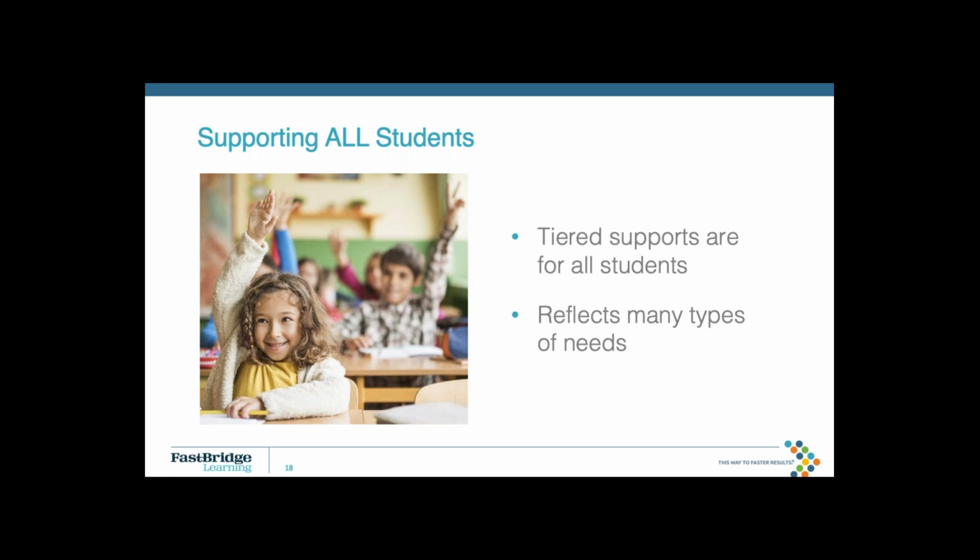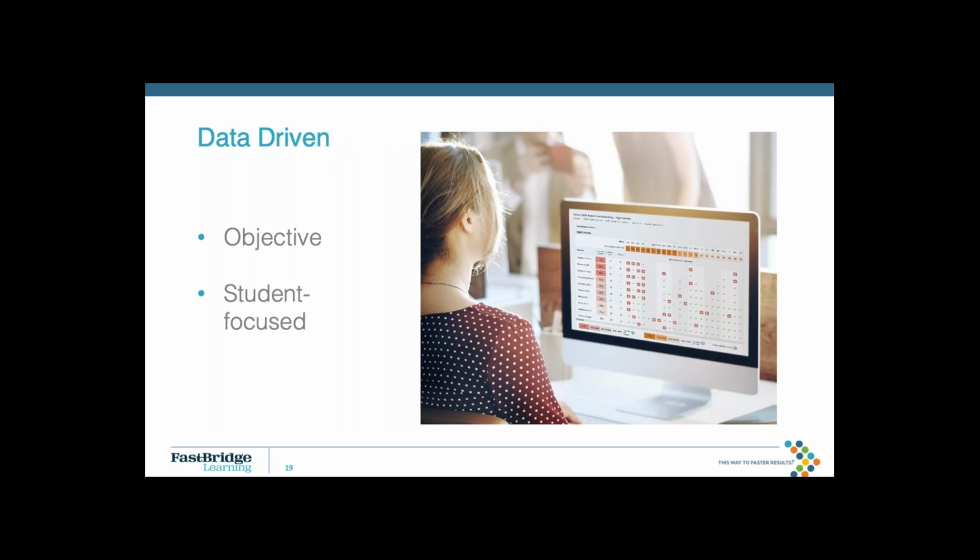So a core component of any system of supports is going to be the ways in which it's set up so that it can provide supports for 100% of students in your school. The way that it does this is through data. And that is the pathway then that we use to help make decisions about which students need support and which students are on a path to reach specific learning goals across a particular school year.